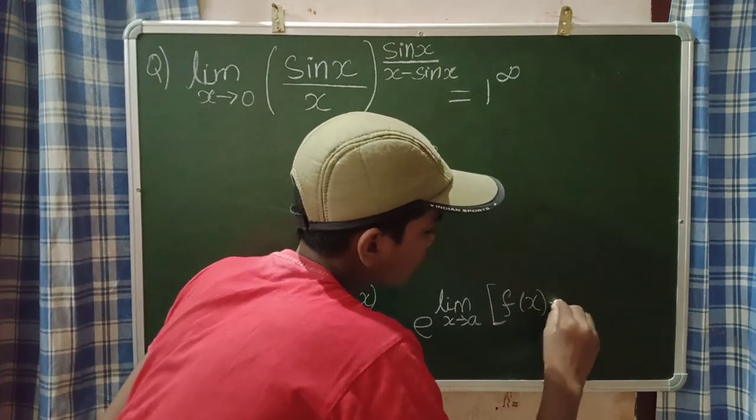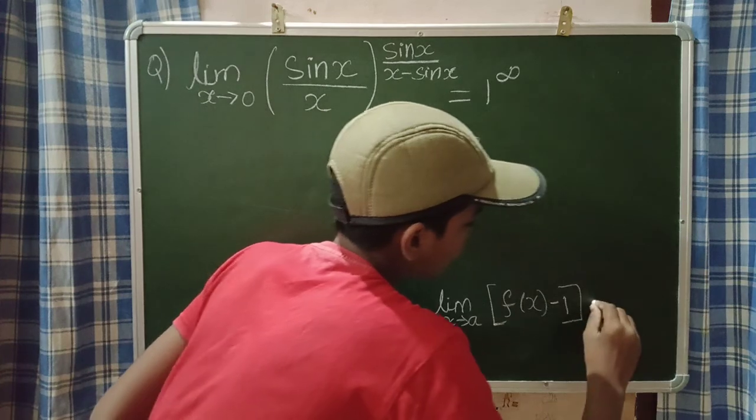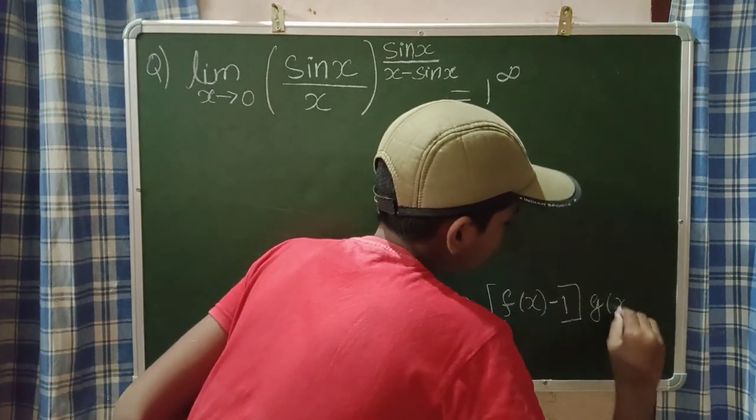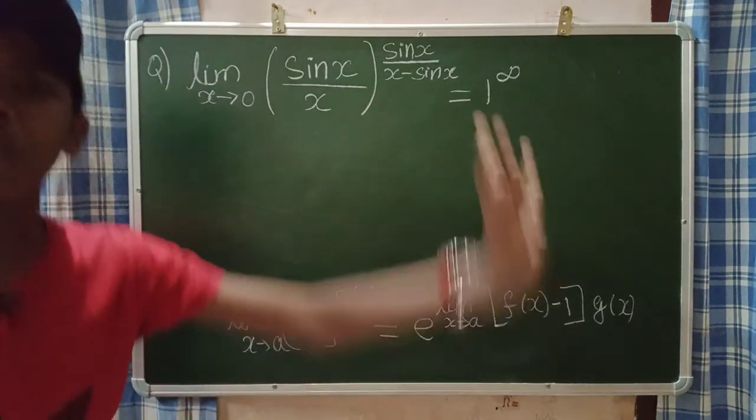Just subtract 1 from your base and multiply the difference with your power. This is what I told a few minutes before.